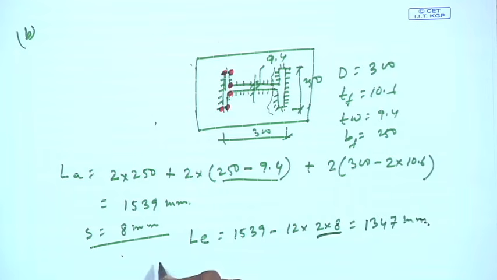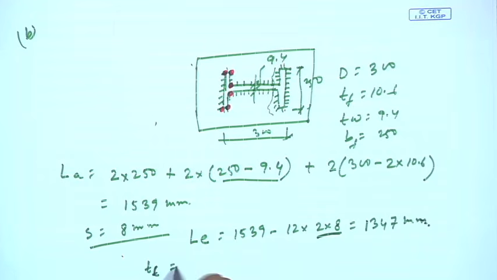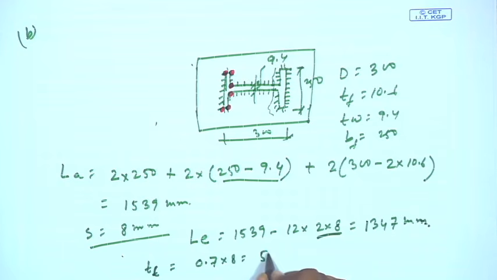And here we can find out the throat thickness of the weld as 0.7 into 8, 0.7 S, so that will be 5.6 mm.